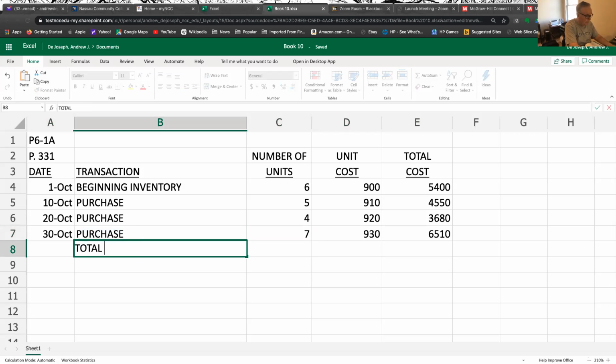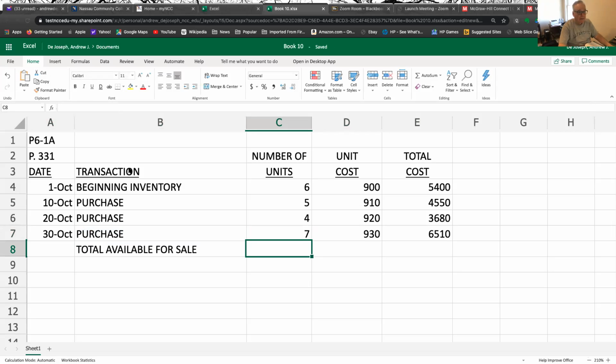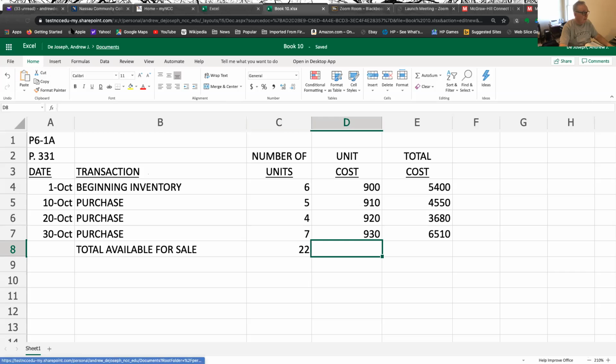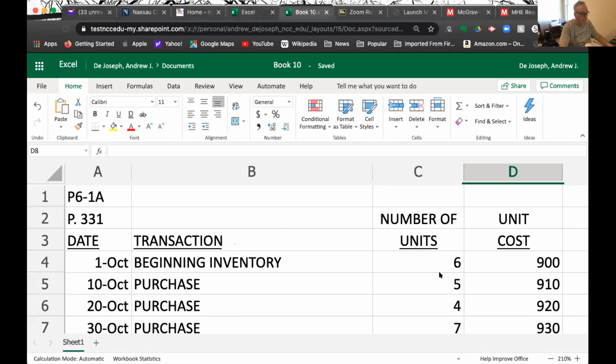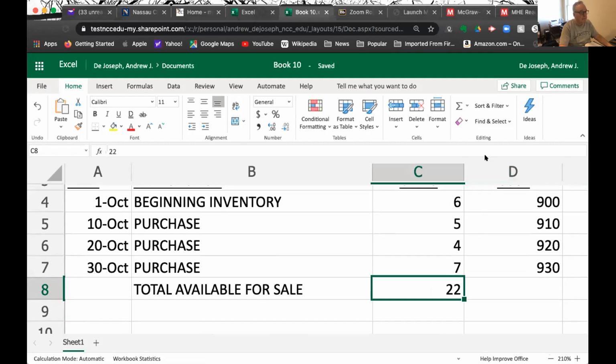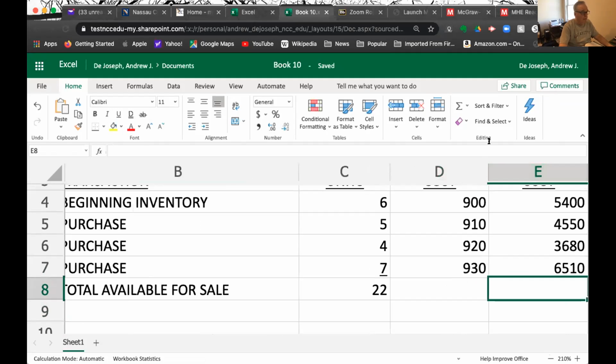Total available for sale. Add these up. 6 and 5 is 11, and 4 is 15, and 7 is 22. And over here, 20,140.